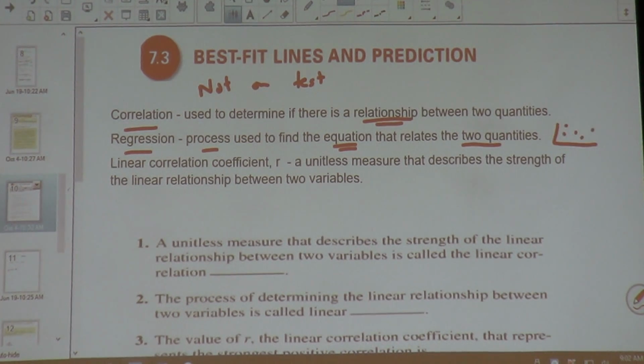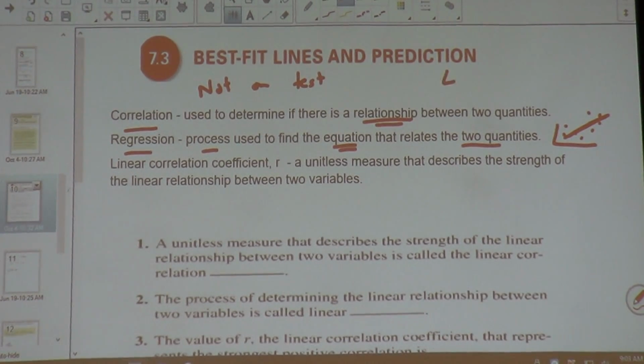So if we have those lines, what we're doing is linear regression. Think about what that means. Linear means what? Line. Regression is the process to find the line that represents those points.